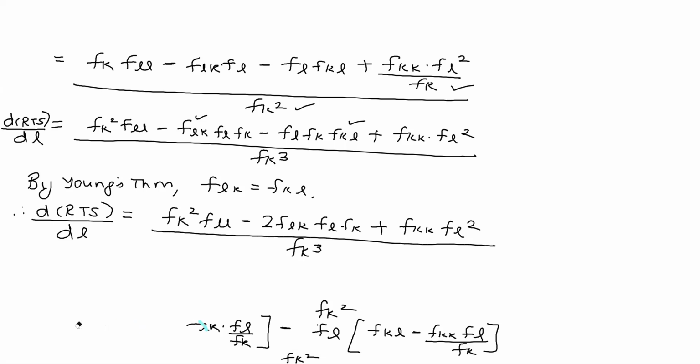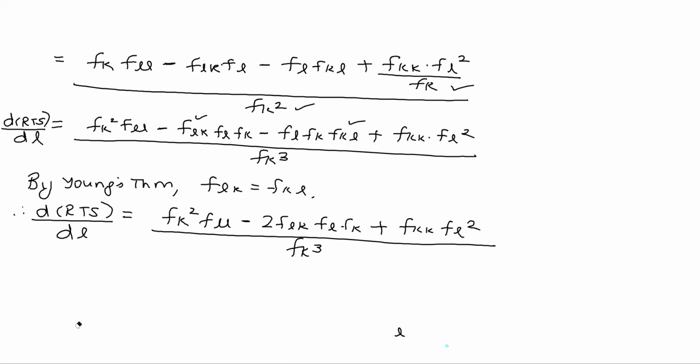Now let's look at the sign of this. FLL is negative, FKK is also negative, and FLK is positive.